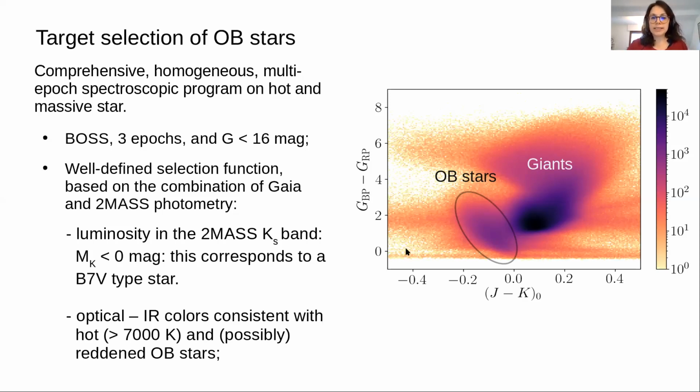The stars brighter than 0 are displayed in this color plot in J minus K versus Gaia BP minus RP. As you can see, it is relatively easy to separate them from bright giants. By applying cuts in the optical and infrared colors, we can select stars that are consistent with being OB stars, and also quite reddened.